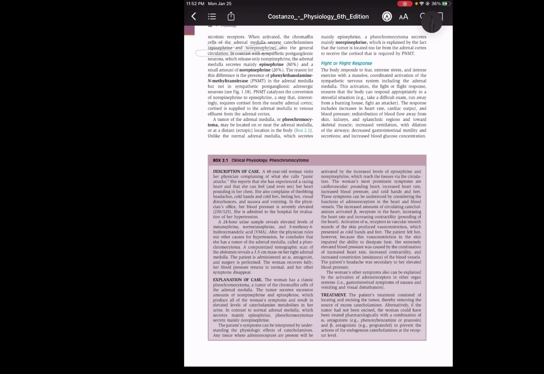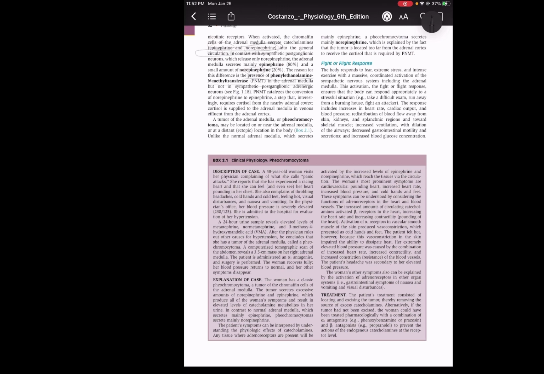So what happens after the chromaffin cells? The nicotinic receptors are activated, then they secrete catecholamines, that is epinephrine and norepinephrine. The reason for the difference between epinephrine and norepinephrine is the presence of phenylethanolamine N-methyltransferase in the adrenal medulla, but not in the sympathetic postganglionic adrenergic neurons.